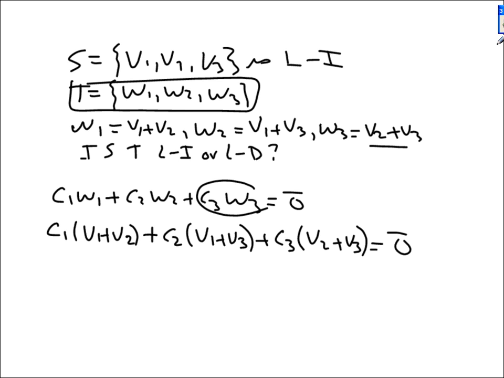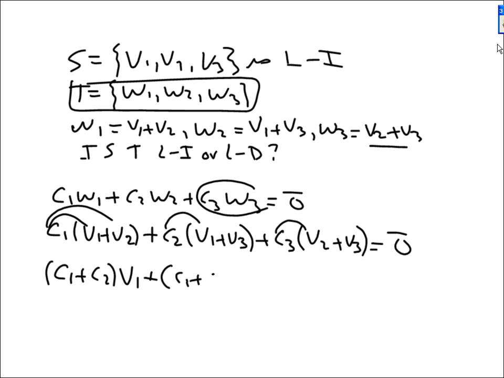Now collect like terms. Let's do V1s first. I have C1 plus C2 V1s plus, how many V2s do I have? C1 plus C3. That is how many V2s I have. How many V3s do I have? C2 of them plus C3 of them. In all, C2 plus C3.